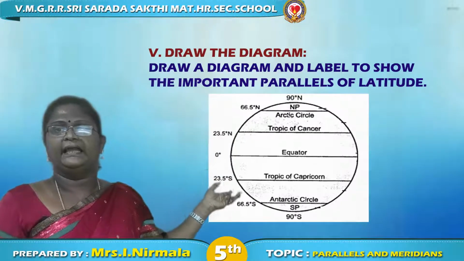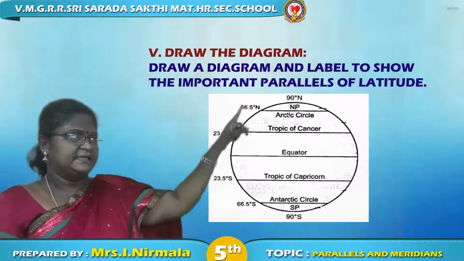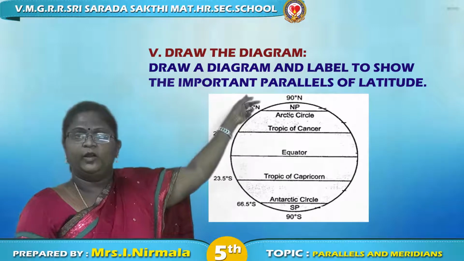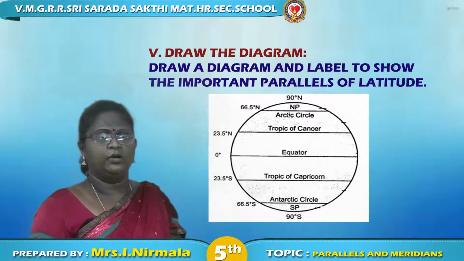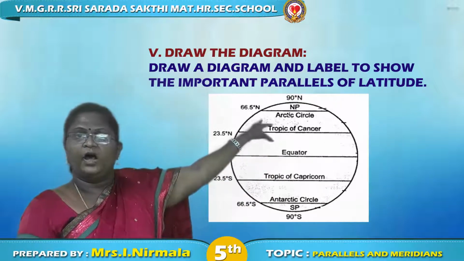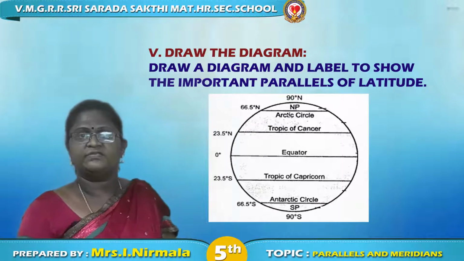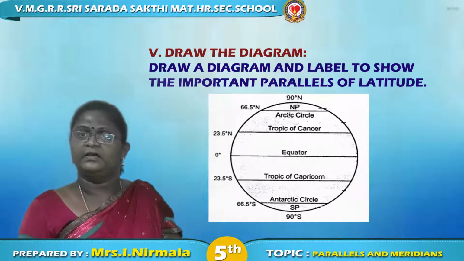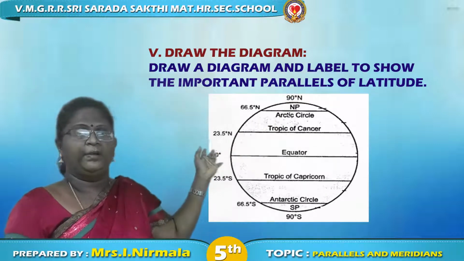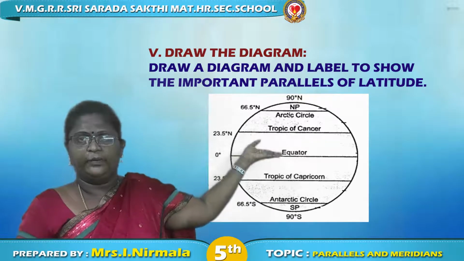Fifth one: draw the diagram of important parallels of latitude. See, this is a circle. Top one is 90 degree north pole, 90 degree south pole, and the center is the equator. Then the Arctic circle near the north pole and the Antarctic circle near the south pole, at 66.5 degrees north and south.